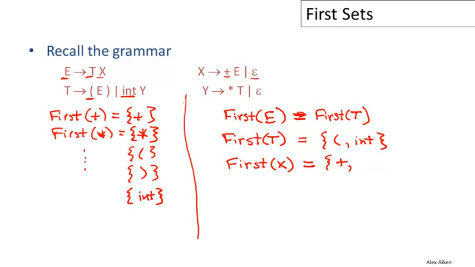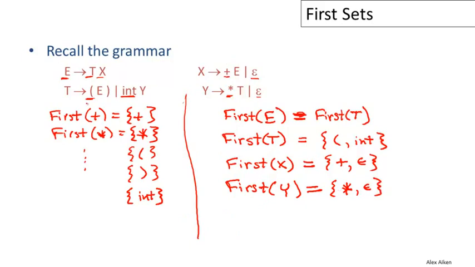So it can also go to epsilon, so that means that epsilon is also in the first of X. And now what about the first of Y? Well, it's a similar structure to the productions for X. We have one production here that produces a terminal in the first position, and that's times. So the first of Y has times in it. And then Y also has an epsilon production. Y can go directly to epsilon, so epsilon is also in the first of Y.